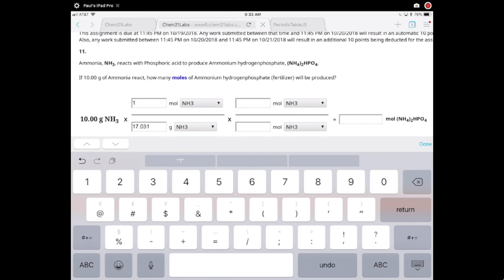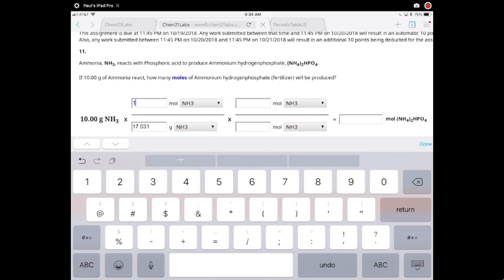All right. Where do I get my next set of numbers? Where do I make a relationship between ammonia and the ammonium hydrogen phosphate in the balanced equation?